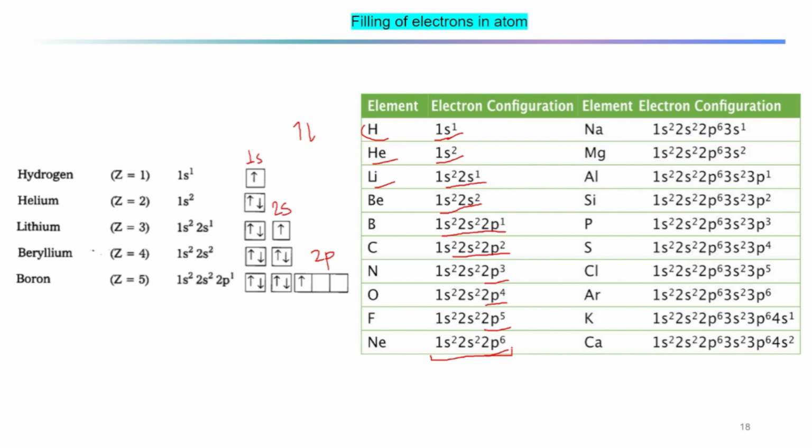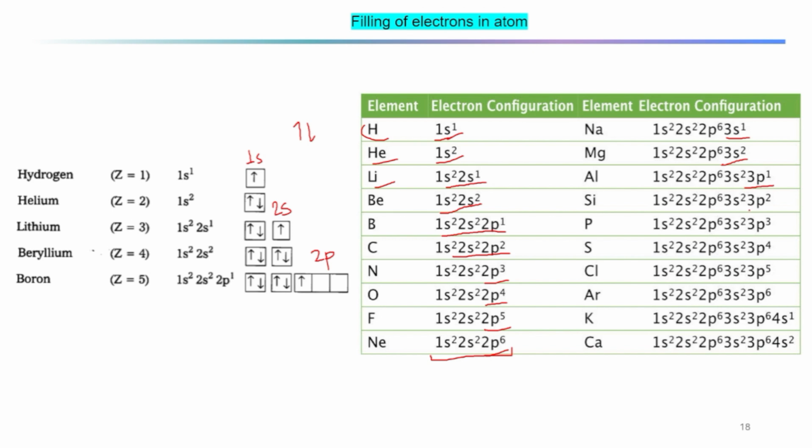After that, whenever we add another electron, that will go in the 3s. So in case of sodium, we get 1s2, 2s2, 2p6, 3s1. Then in case of magnesium, it will become 3s2. In case of aluminium, when we add another electron, it goes in the 3p, and we get 1s2, 2s2, 2p6, 3s2, 3p1.